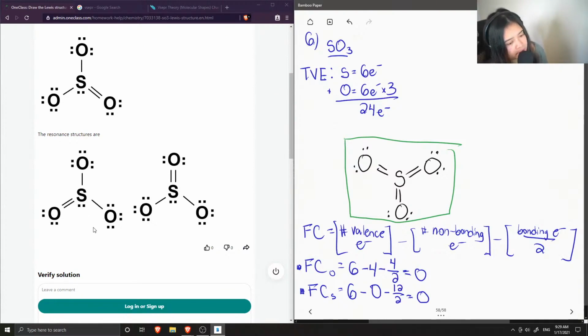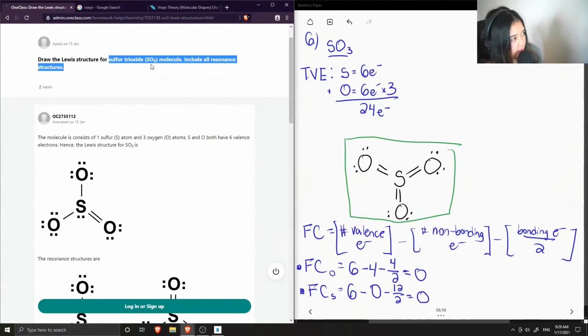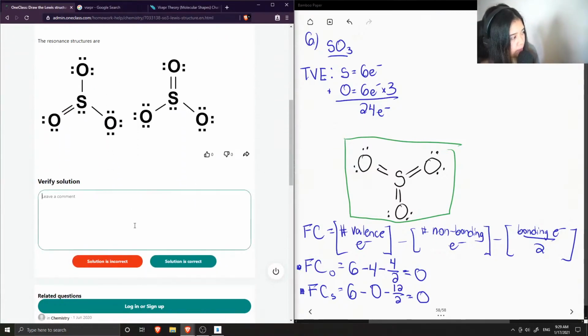Yeah, it would be 6 minus 2 minus 4. But since the sulfur would be 0 and the two oxygens would have a -1 charge, then the overall structure would have an overall -2 charge. But for our question, the molecule should only be neutral. So this solution is incorrect.